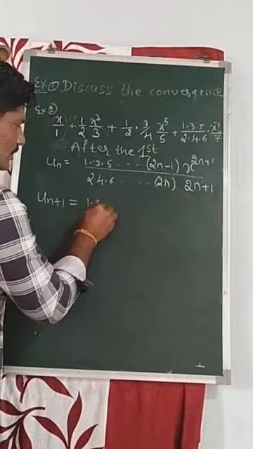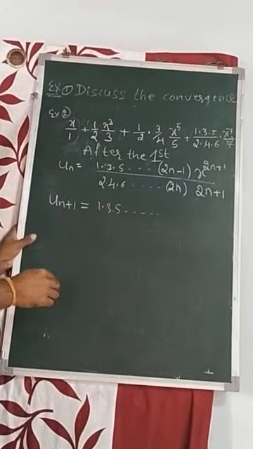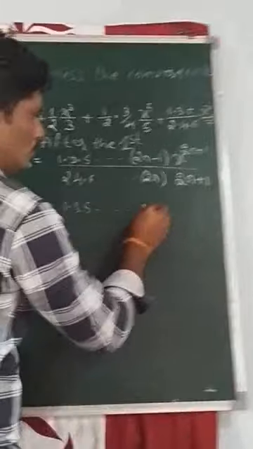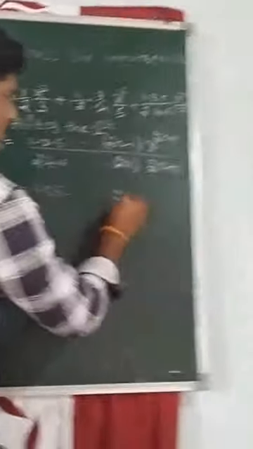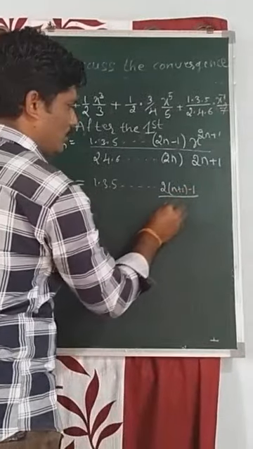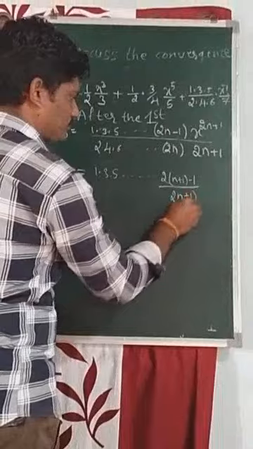The n plus 1 term: 1, 3, 5, so on. Taking n equal to n plus 1, this is 2n plus 1 minus 1 divided by 2n plus 1.